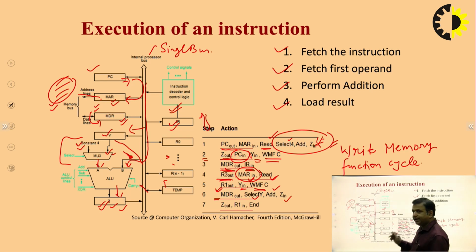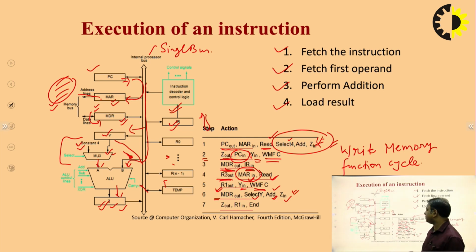Now the contents of R1 and the contents at the address held in R3 have both come, and will perform the addition operation, right?